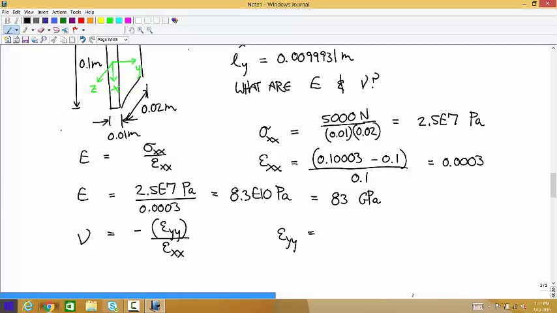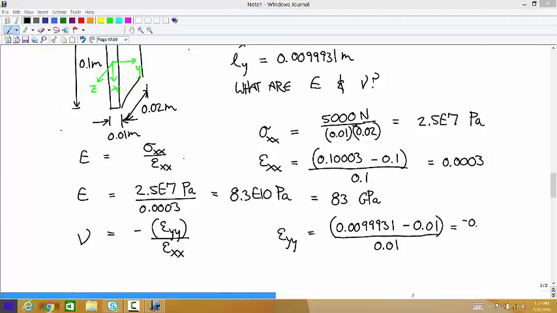So that's equal to the deformed length in the y direction, which is 0.009931, minus the undeformed length in that direction, divided by the undeformed length, and we get a value of negative point.